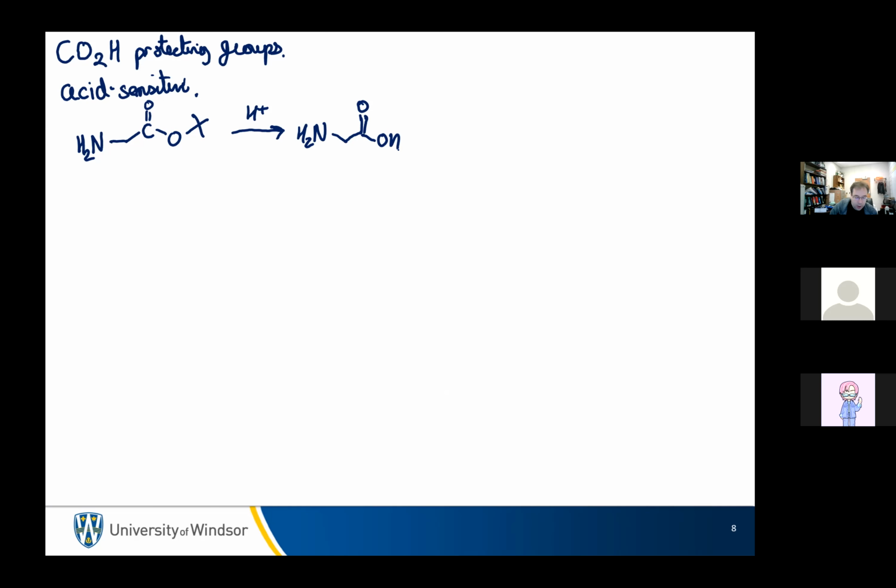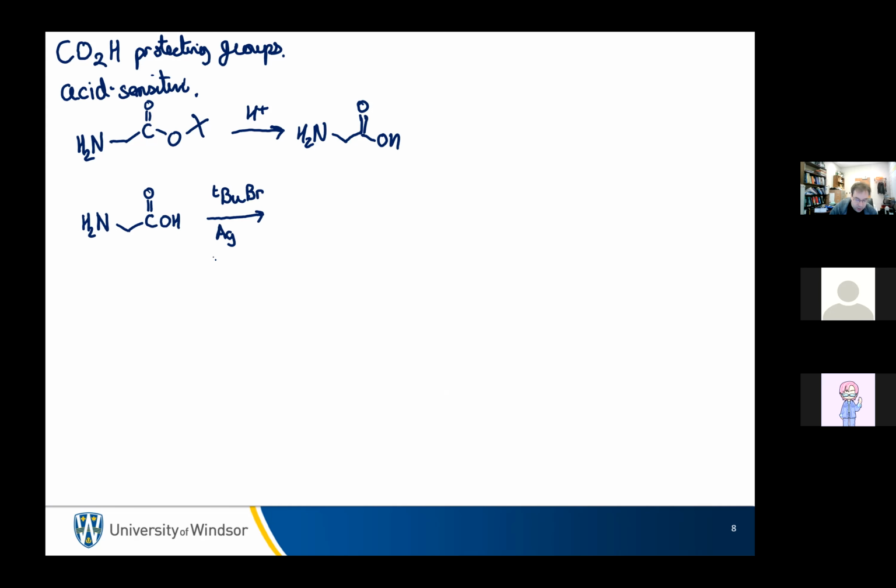The way you put it on, use a bit of tert-butyl bromide and a little bit of silver and a bulky base.